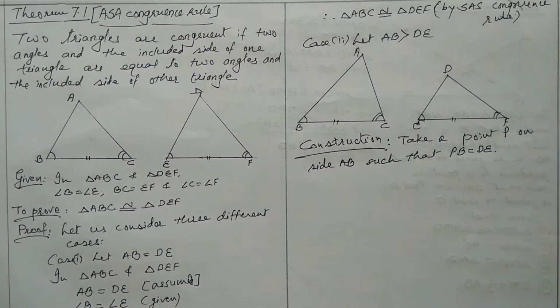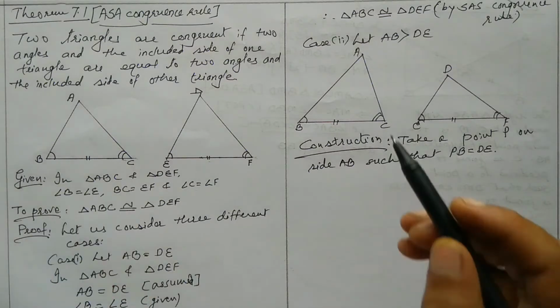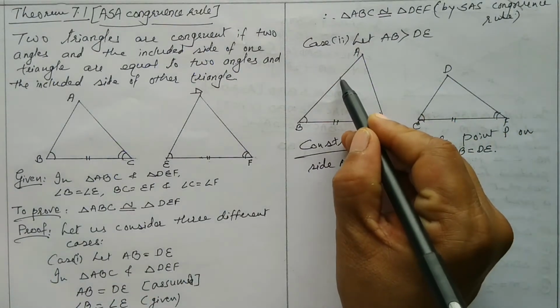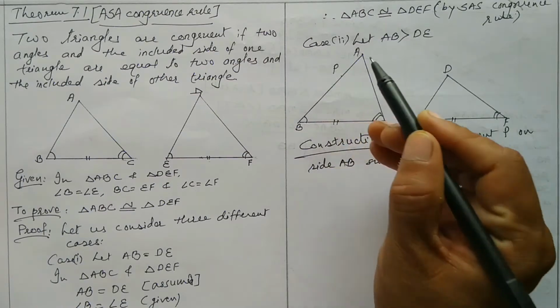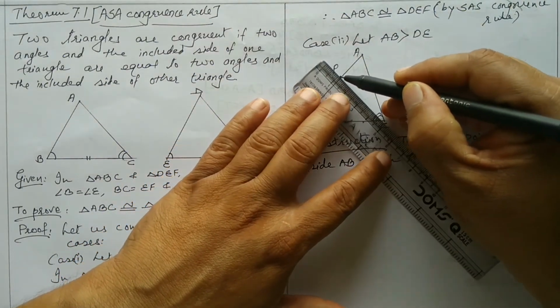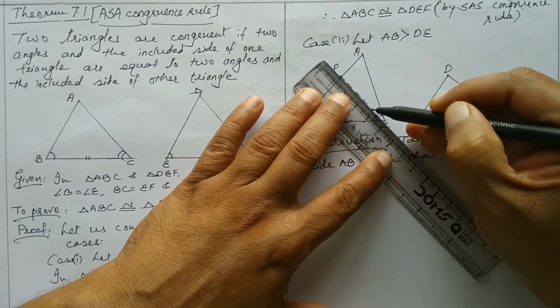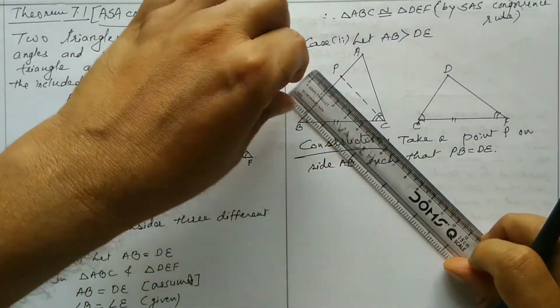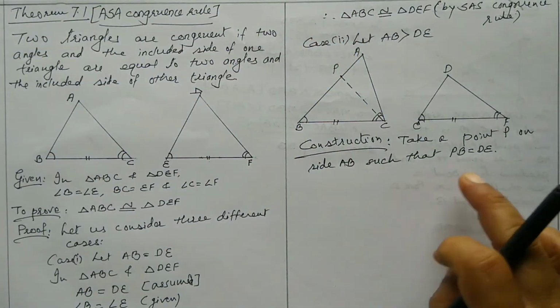So we will take a point here and call it P. Join P to C. We will join P to C by a broken line. So we have taken PB equal to DE.